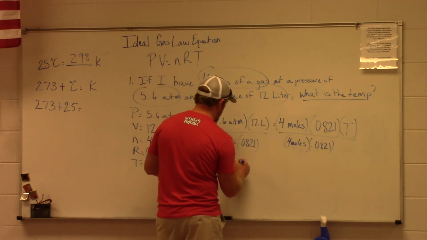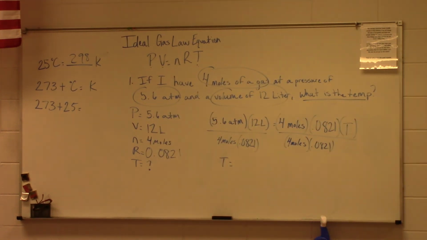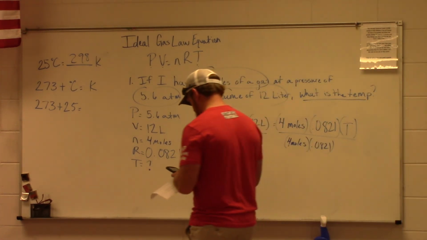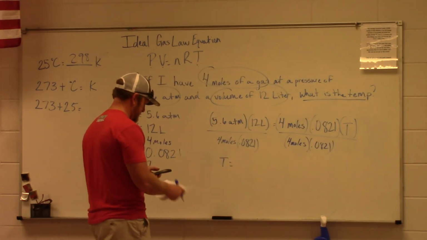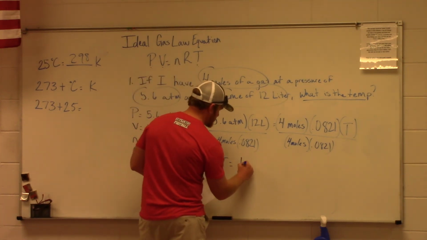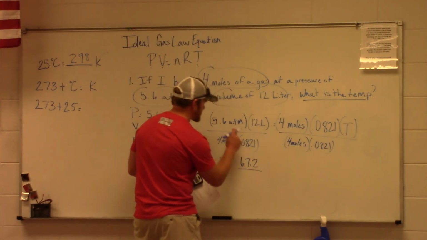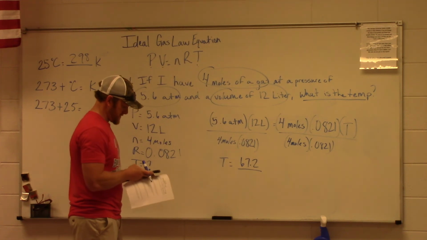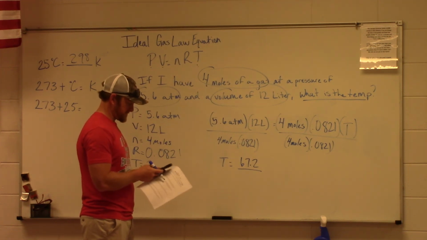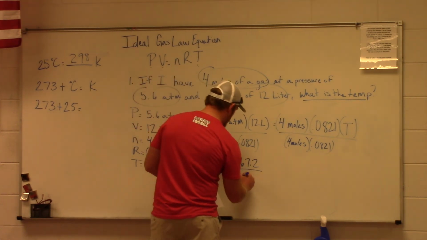Now temperature equals, as I do this with you on my calculator, 5.6 times 12 equals 67.2. That's the top. 4 moles times 0.0821 is 0.3284.